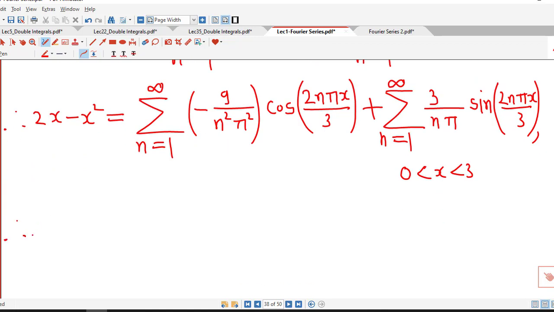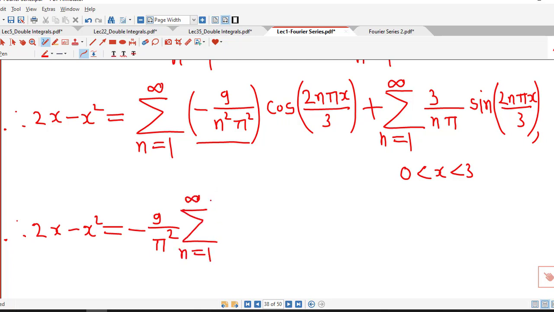So we can rearrange this Fourier series by considering the terms which are independent of n outside the summation. In this term, minus 9 by pi square is independent of n, so we take it outside, and here we have sigma n equal to 1 to infinity 1 by n square cosine of 2 n pi x divided by 3.